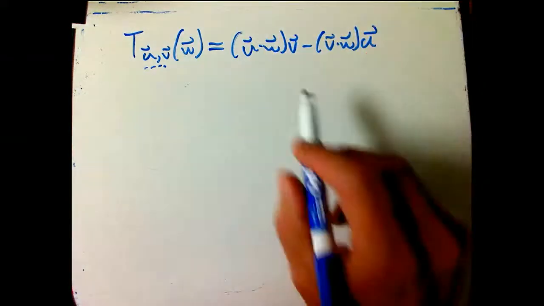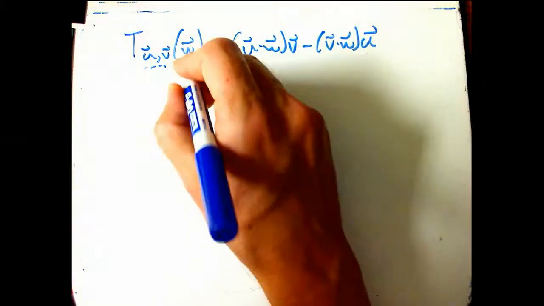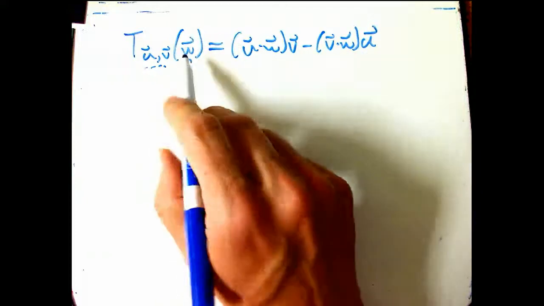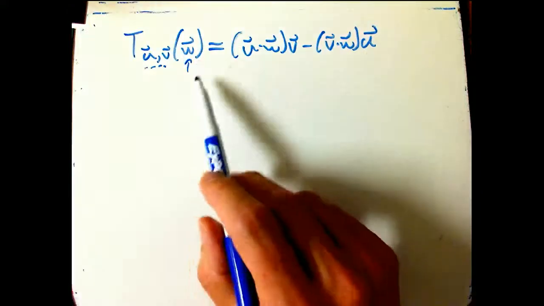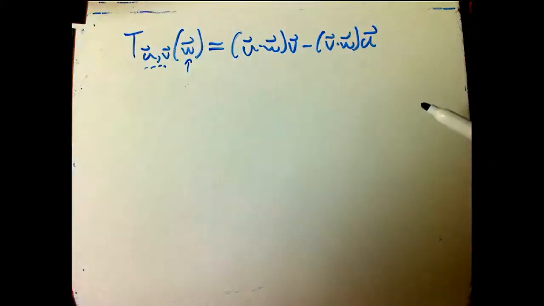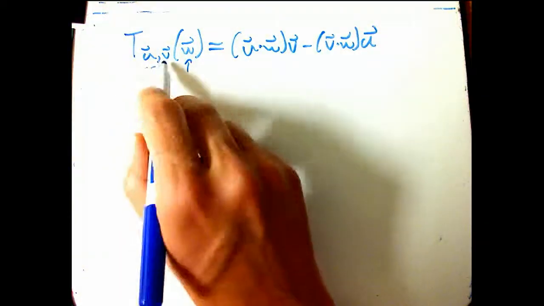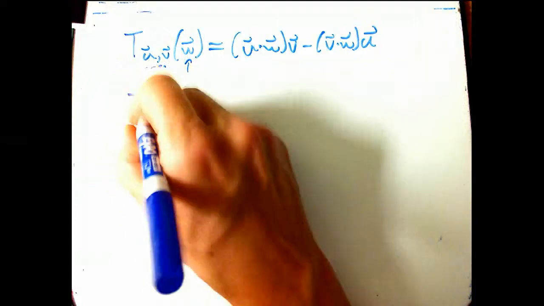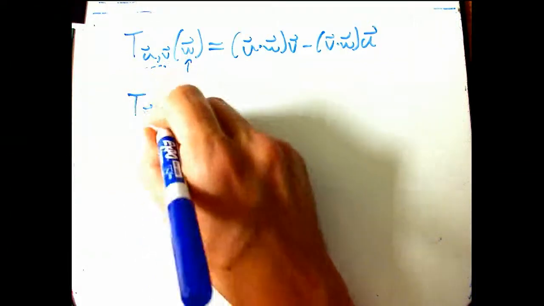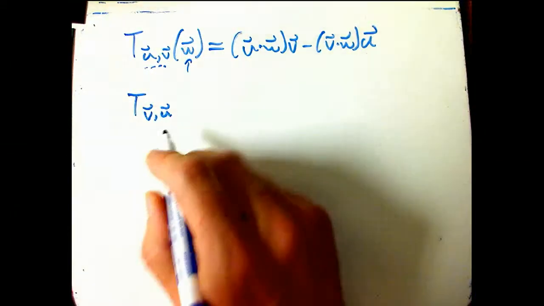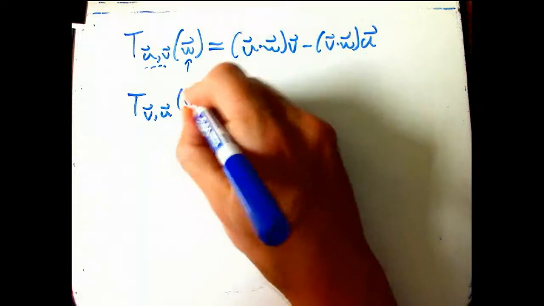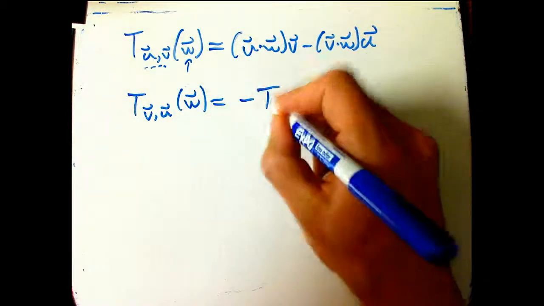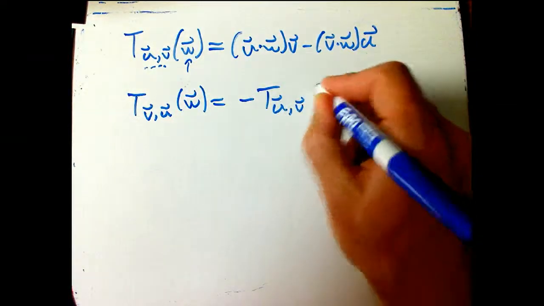So we've seen that it has an antisymmetry property in terms of W if we combine it with a dot product, and that's equivalent to the orthogonality. But it's also antisymmetric if I switch the U and V. If I look at the transformation T of U, V, I could say, well, what about T of V comma U? Is that something different? It doesn't seem like it should be that different. And in fact, it's just minus of what I get here.